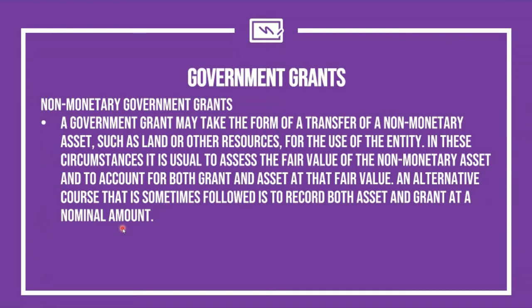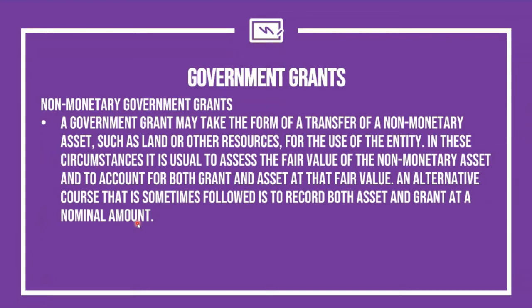And then what you're going to do is depreciate it over time if it is a depreciable non-monetary asset, or you're going to recognize it later on upon the sale of that particular non-monetary asset. An alternative is you recognize it at a nominal amount. In this case, it is simply stating that you just disclose the non-monetary grant because anyway, the effect will be the same.